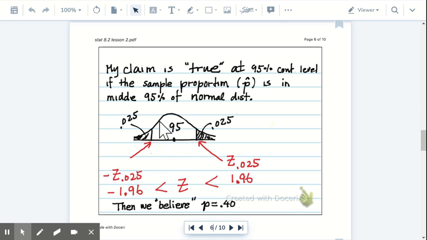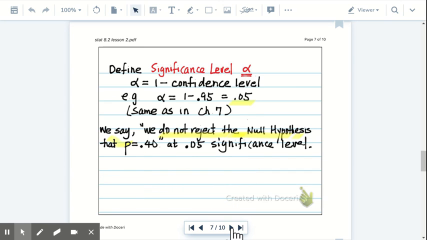In other words, if my p-hat, the sample proportion, is in the middle, that is close enough to my 0.4, then we say we do not reject the null hypothesis that p is equal to 0.40 at 0.05 significance level. Okay, that's a mouthful, so we're going to practice that.